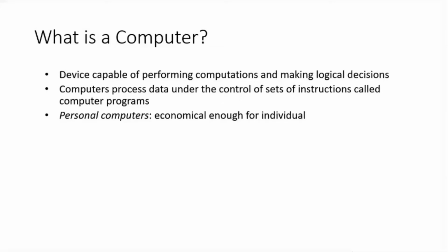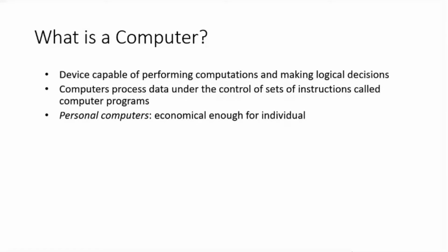So then the computers can be of different types. You might be knowing it. One is a personal computer. A personal computer is one which is economical enough for an individual. A person uses it. The computers that are in our home, that is the desktop computers or the laptop computers, these are the personal computers, commonly known as the PCs.